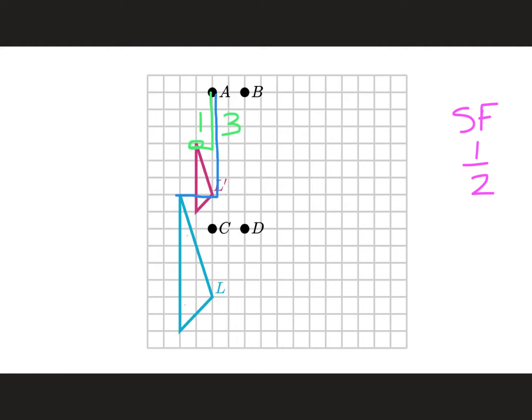My vertical distance is 1, 2, 3, 4, 5, and 6, and my horizontal distance is 2. So there we go. It was originally 6 units away, now it's only 3 units away. It was originally 2 units away horizontally, but now it's only 1 unit away. So that, in fact, means that A is our center.